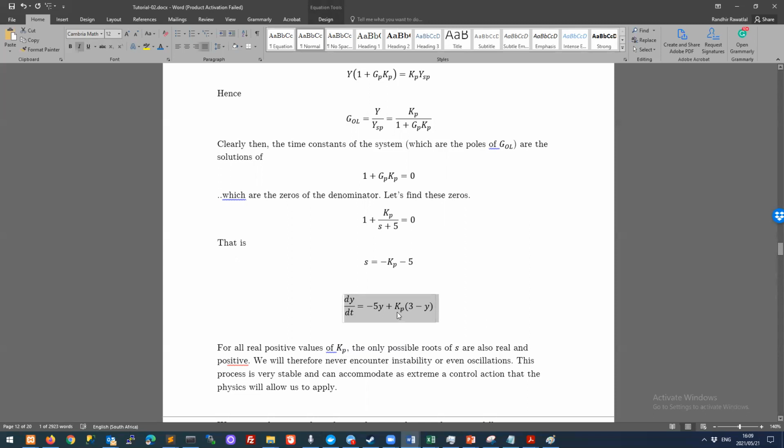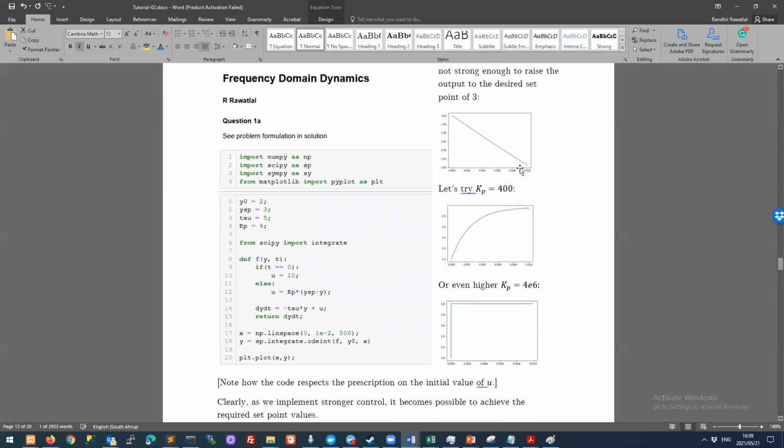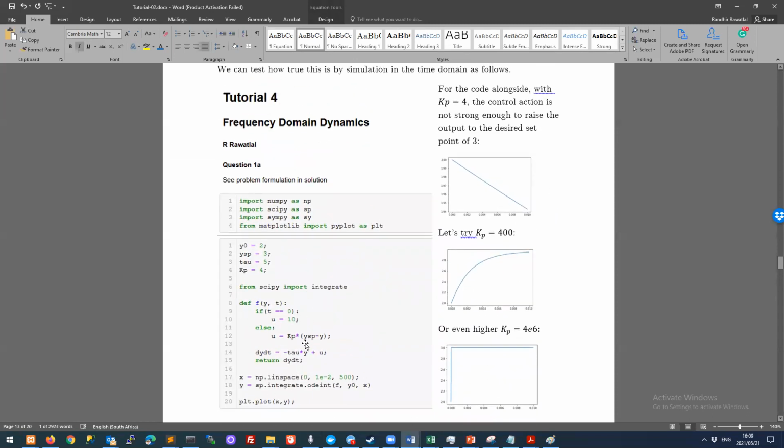But any positive number here for Kp, you'll find that the system eventually goes up to a value of 3. So I don't know what I was doing here. I'll have to check, but these curves are the right thing. If you use Kp equals 0, you start with 2 and then it just goes down.